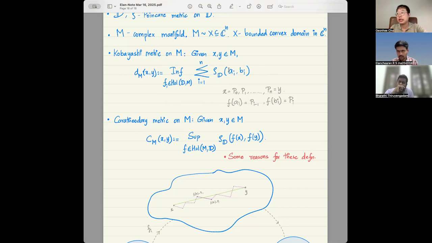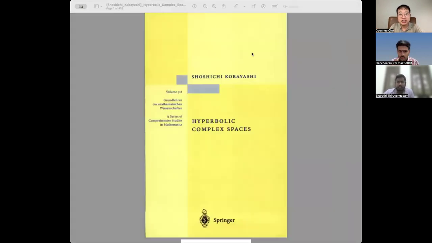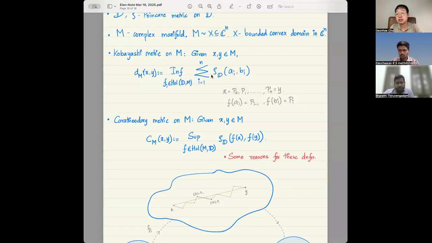But the reason this finite summation can be neglected in the case of a convex domain in CN, as you can also find in the same literature, is that because of the convexity assumption, one can always reduce the number of terms to just one. So convexity plays a role here. Otherwise, one usually needs to consider the finite summation, and the single-map version actually fails for a general complex manifold when talking about the triangle inequality.